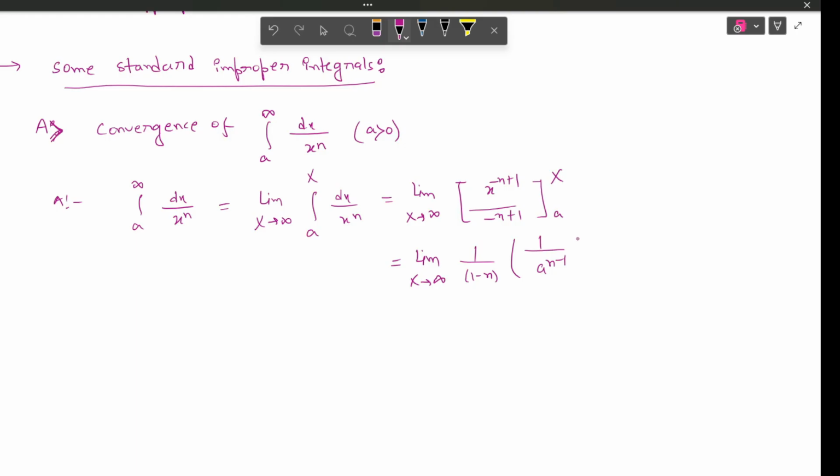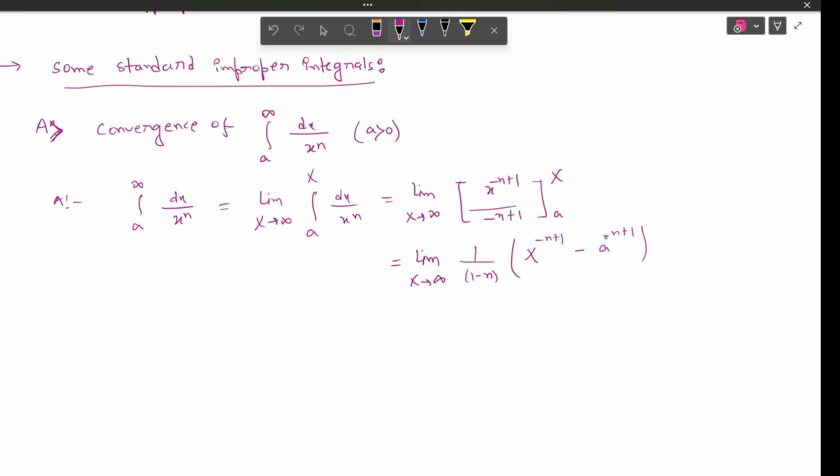Let's solve this step by step so that you do not make any mistake. If we put the upper limit, it will be capital X to the power minus n plus 1, minus the lower limit, that is A to the power minus n plus 1.